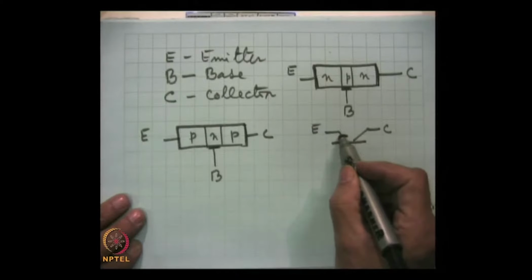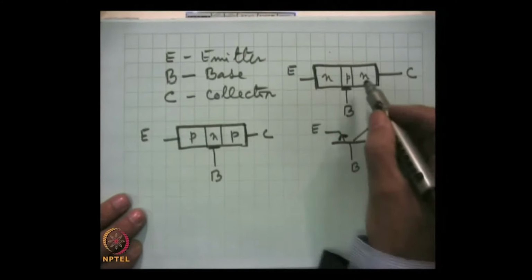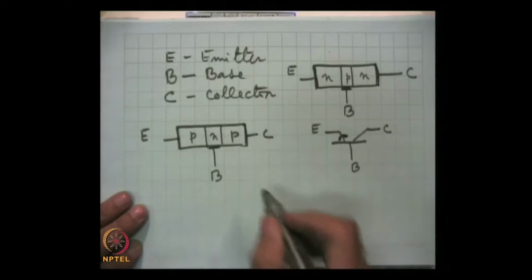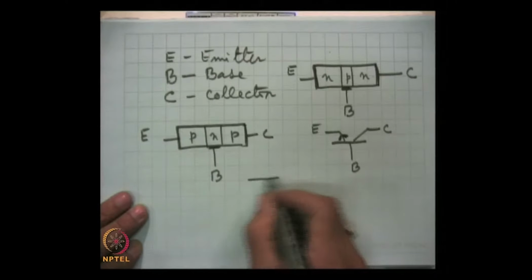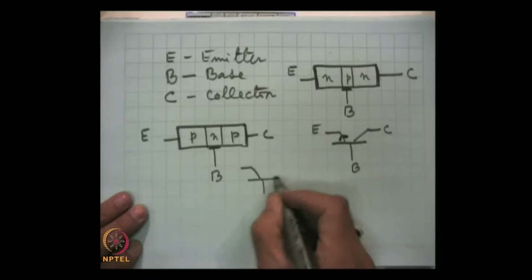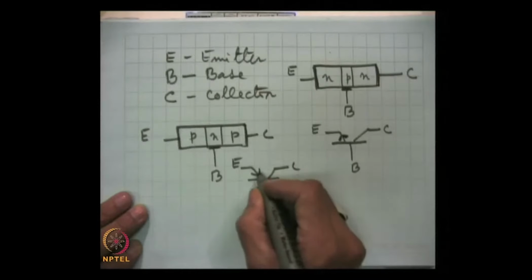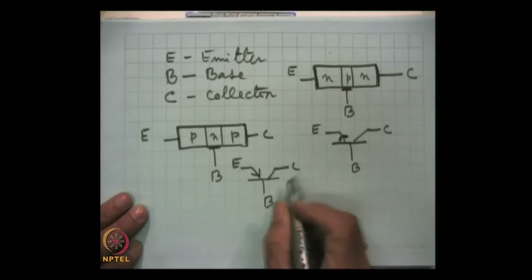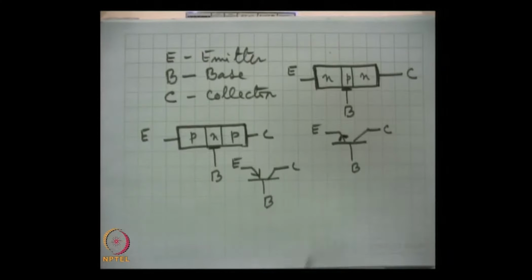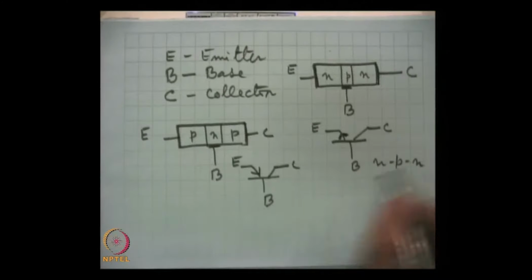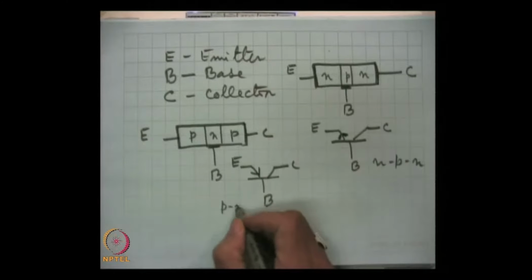So, remember this arrow is pointing outwards in NPN transistor, and for PNP transistor the arrow is in the reverse direction. So, this is NPN transistor and this is PNP transistor.